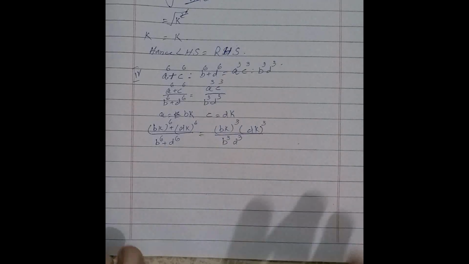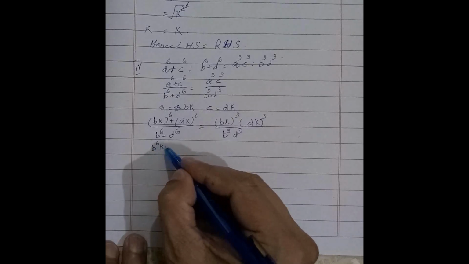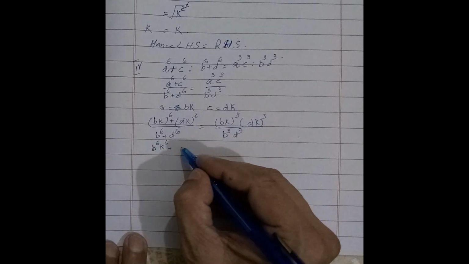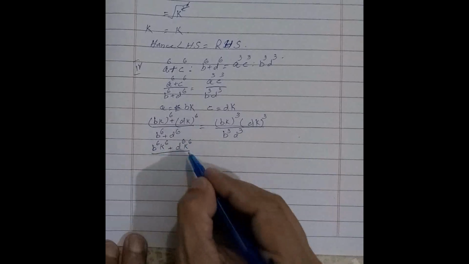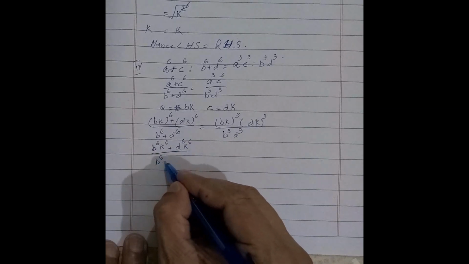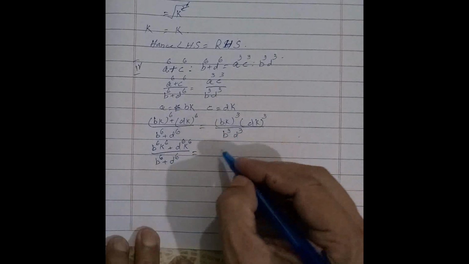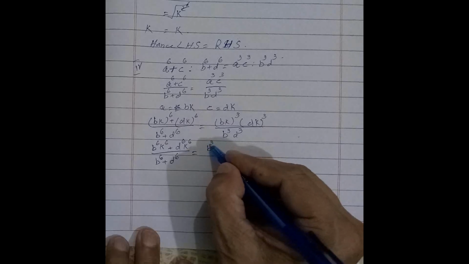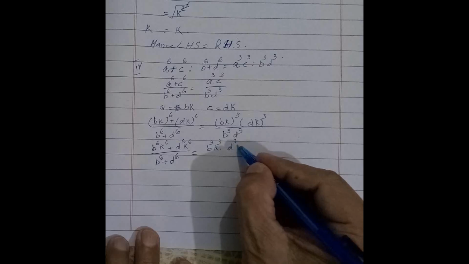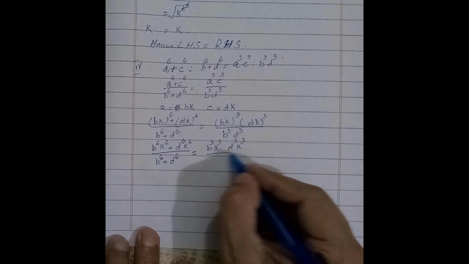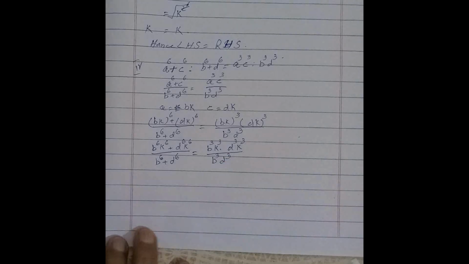Now we simplify these values. We get B^6 K^6 + D^6 K^6 over B^6 + D^6 is equal to, here is B^3 K^3 into D^3 K^3 over B^3 D^3.